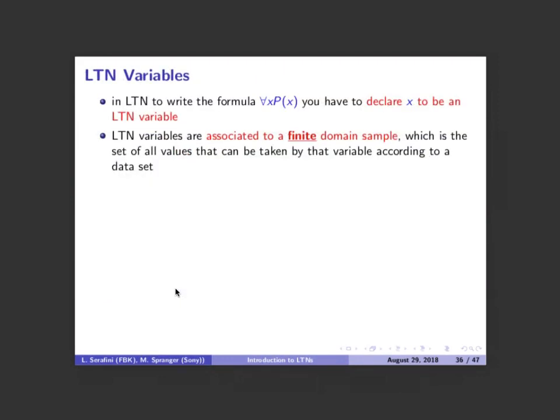So what it means is that we define an LTN variable, and it is associated with a finite domain sample.